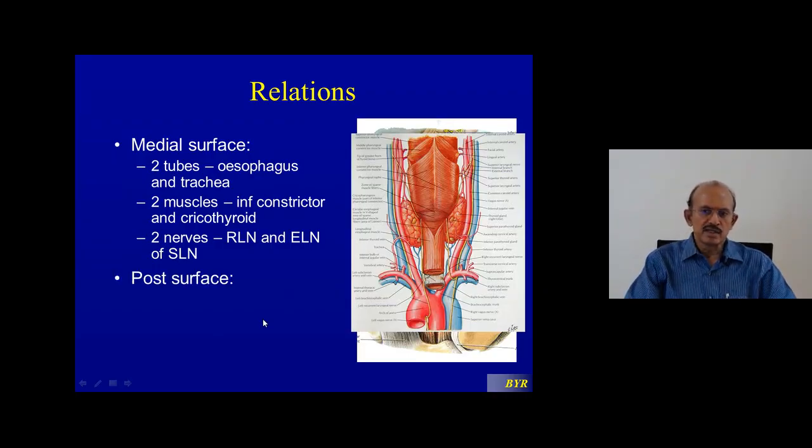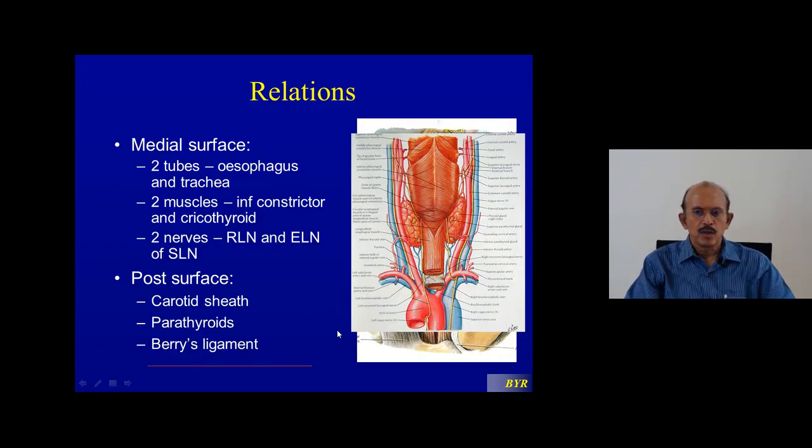On the posterior surface, you find the parathyroid glands. There are superior and inferior parathyroid glands. So here is the superior gland and here is the inferior gland. And there is the carotid sheath. And more medially is the Berry's ligament.